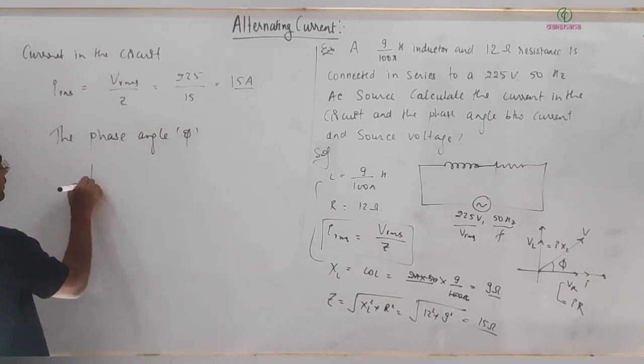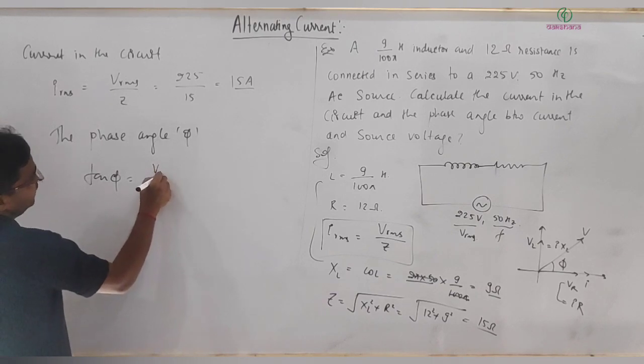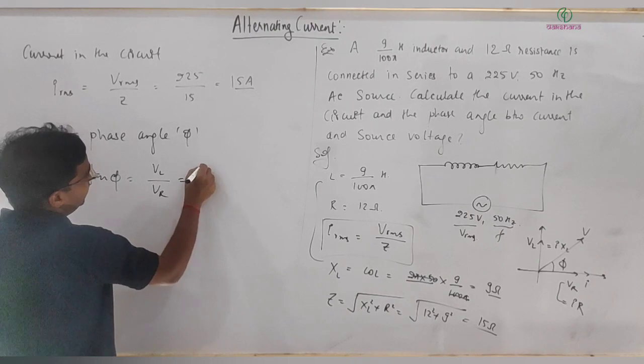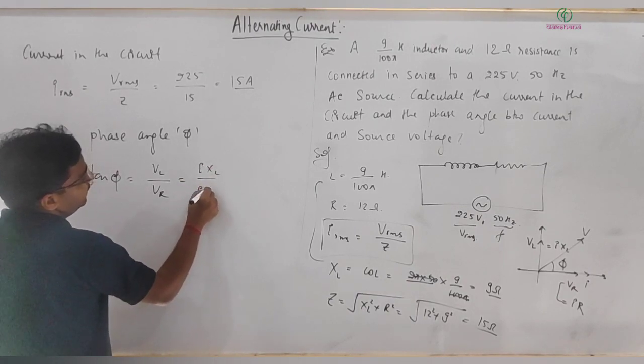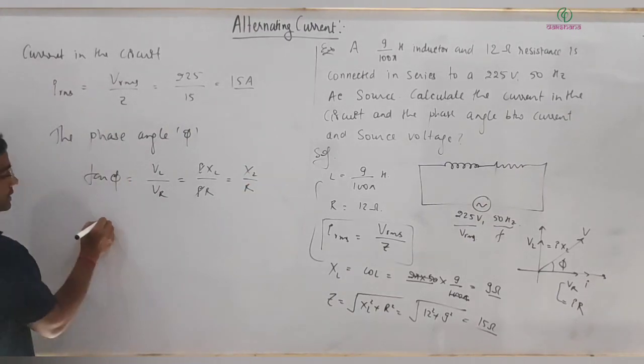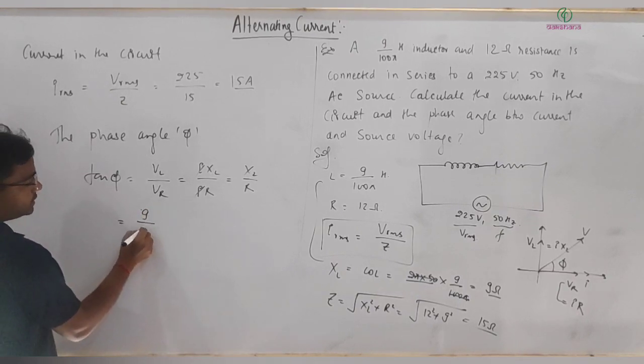We will calculate tan phi. Tan phi is given by VL divided by VR, which is equal to I XL divided by I R. I gets cancelled. This is XL by R, and XL we got as 9, and R is 12.